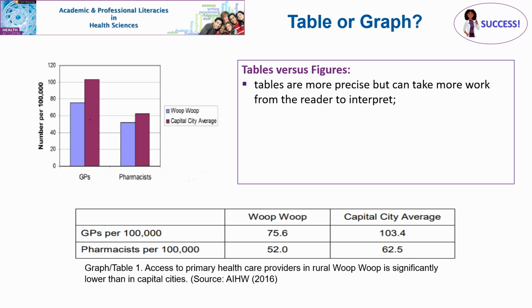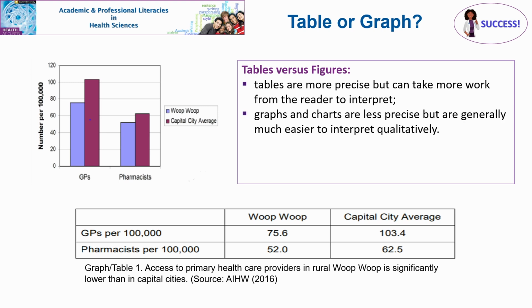Now, tables are more precise. You actually got the figures in there. It can take more work from the reader or your audience, people involved in looking at the information. It takes longer to interpret. However, graphs and charts are less precise.